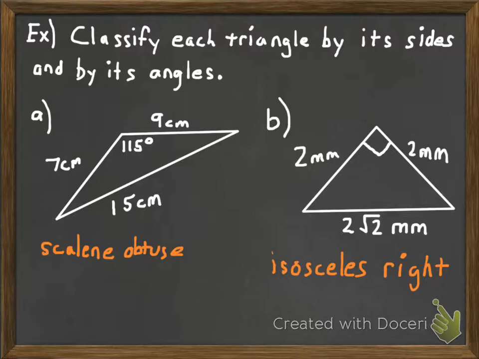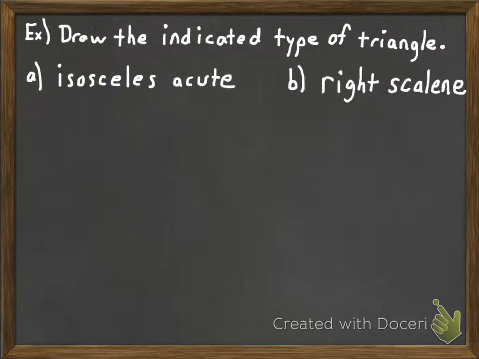And this time, I'm going to give you the classification, and you're going to draw the picture. I would like you to draw the indicated type of triangle, an isosceles acute triangle, and a right scalene triangle. And I want you to use some markings to make sure it's very clear which kind of triangle you're drawing.